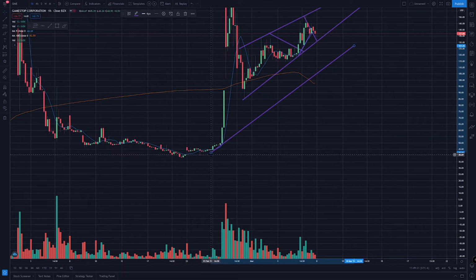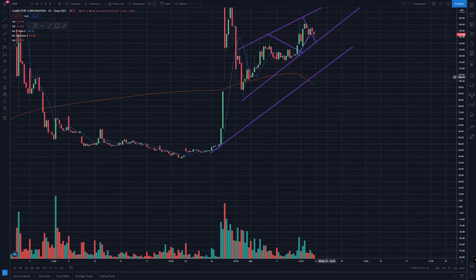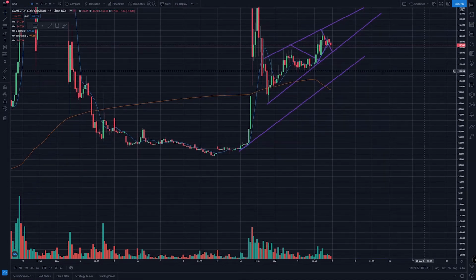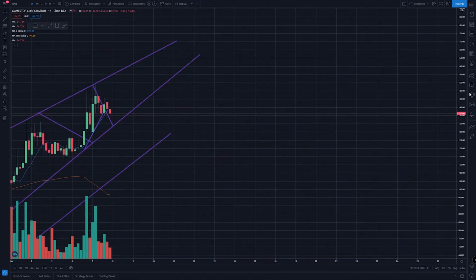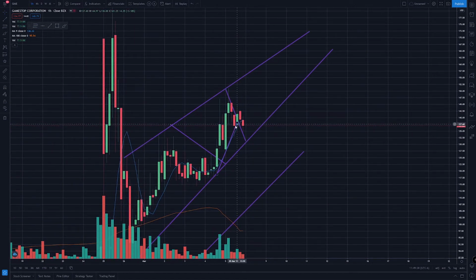Sometimes they actually do work like that. But you can see this 180 moving average kind of comes into play at this same level. Let's see that. I am hoping that we don't break down, but if you look at the 1 hour, you can see that we are underneath the moving average.